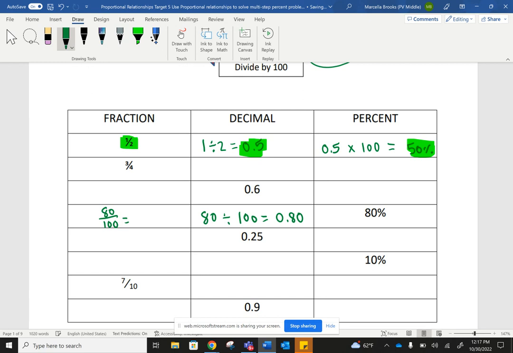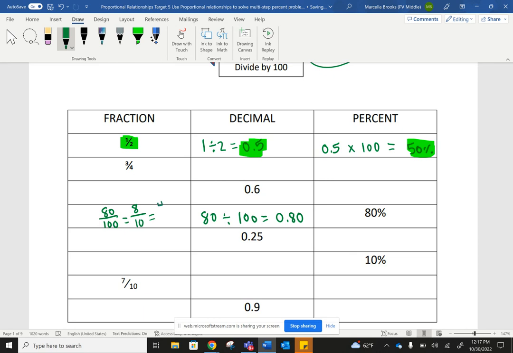Okay. So to reduce it, they both end in 0, so that means I can divide by 10 on each of them at least. So 80 divided by 10 is 8. 100 divided by 10 is 10. And 8 and 10 are both even numbers, so I'm going to divide by 2 to see if I can get smaller, because I know they at least have a 2 in common.